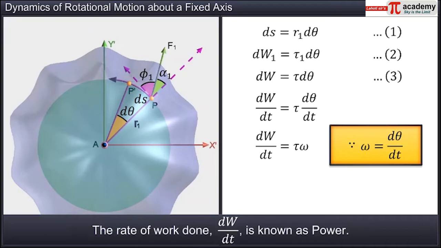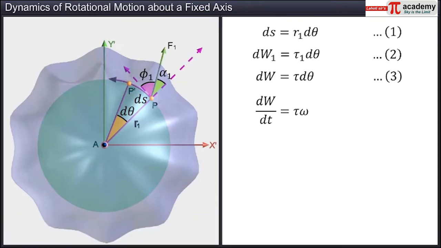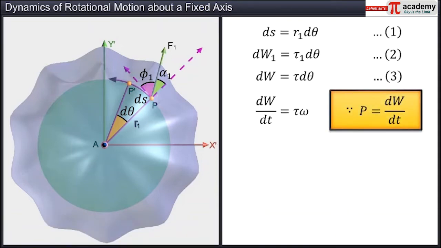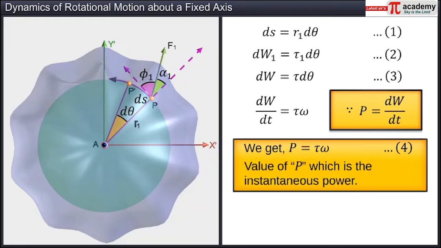However, we know that dW by dt, the rate of work done, is known as power. Thus, power P is equal to dW by dt. We get P is equal to tau omega. Let this be equation 4. Equation 4 is the value of P, which is the instantaneous power.